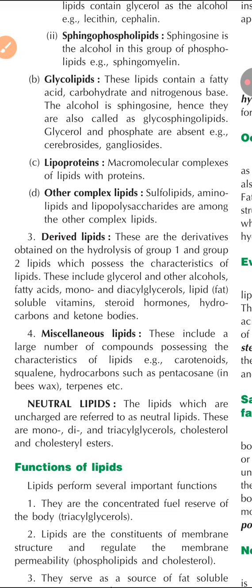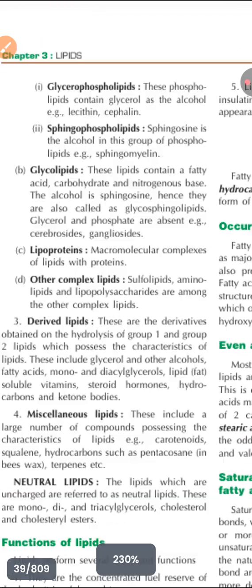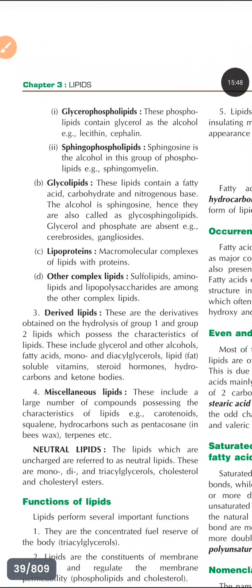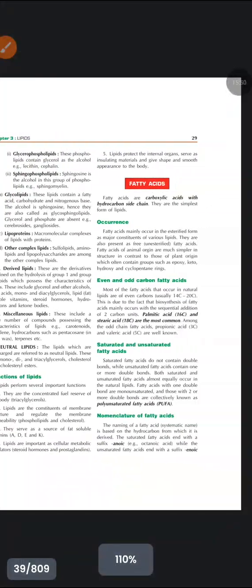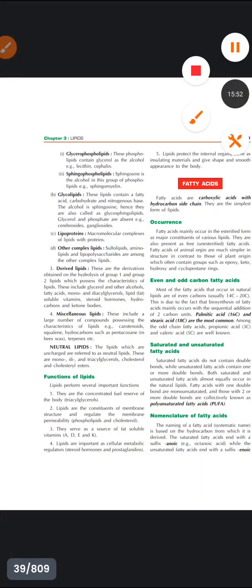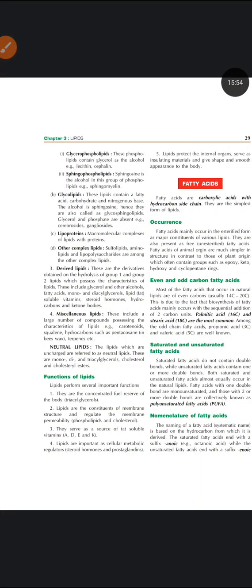These are mono, di, and triglycerides, cholesterol, and cholesterol ester. So these are the classification of lipids. This is all about lipid, and I think this is all we will do today.